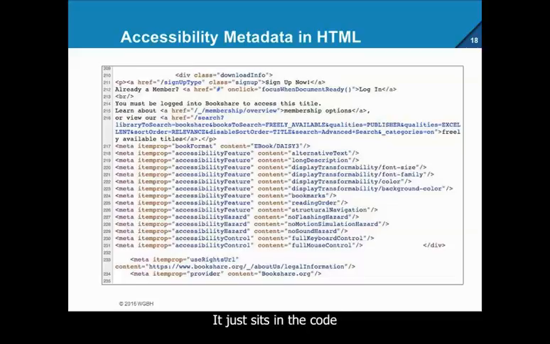And that's it. It just sits in the code where the user doesn't necessarily even see it, and it provides that information. There are ways to mark up visible text on the screen as also being the metadata. So for example, if you've got a visual piece of text on your catalog that says image description, then there are ways to mark that up to actually be the metadata as well as the visual content.